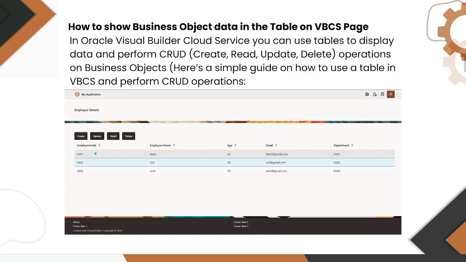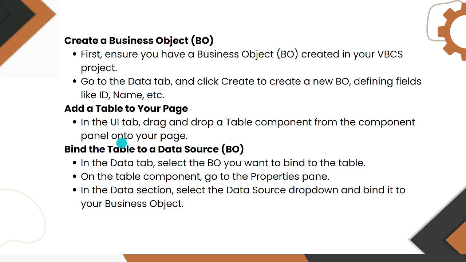Here is the employee code, employee name, age, employee email, and department. The user will hit any value and it shows the button icon. Here are create, update, details, delete.